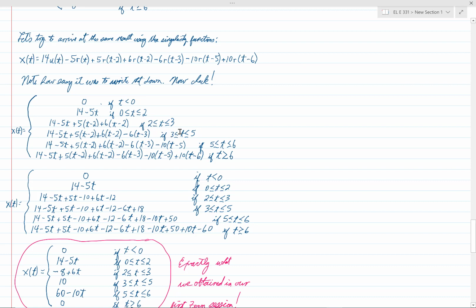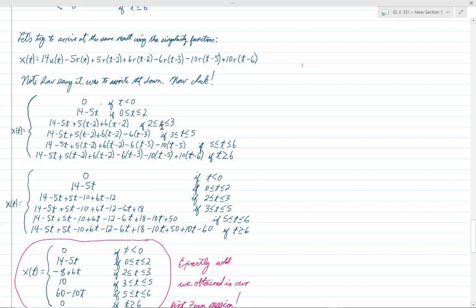Now as we go to the next region, for t between 3 and 5, everything that was on here is still on, so we have 14 minus 5t, 5 times t minus 2, 6 times t minus 2, but once we move to the region between 3 and 5, now this will turn on. And so we have to put in 6 times t minus 3, and minus 6 times t minus 3.